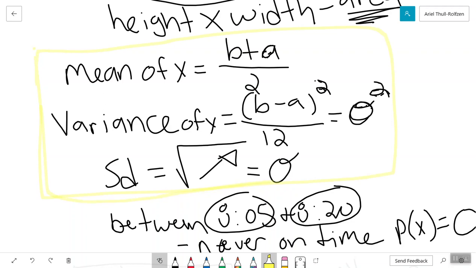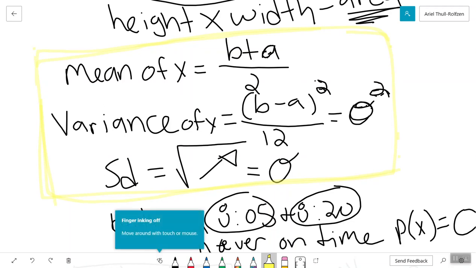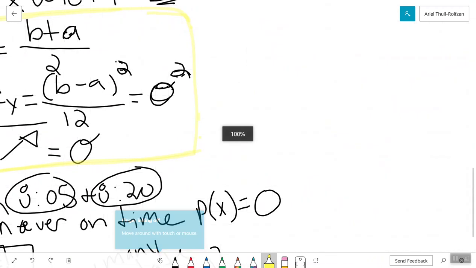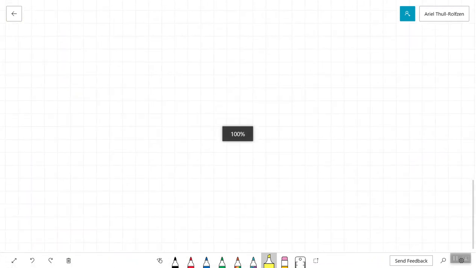The variance is b minus a squared over 12, and the standard deviation is the square root of that. All I'm going to do is apply that to the problem. And because they're not giving me any specific data to find it for, we're just going to use the information given to us in the problem.